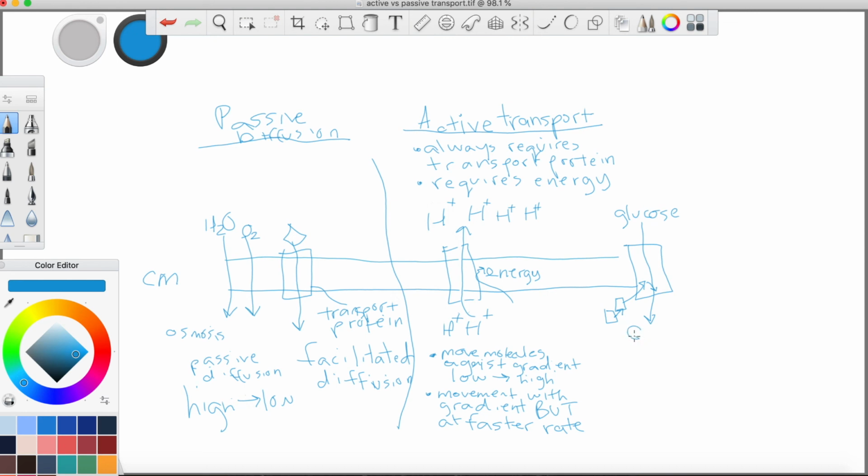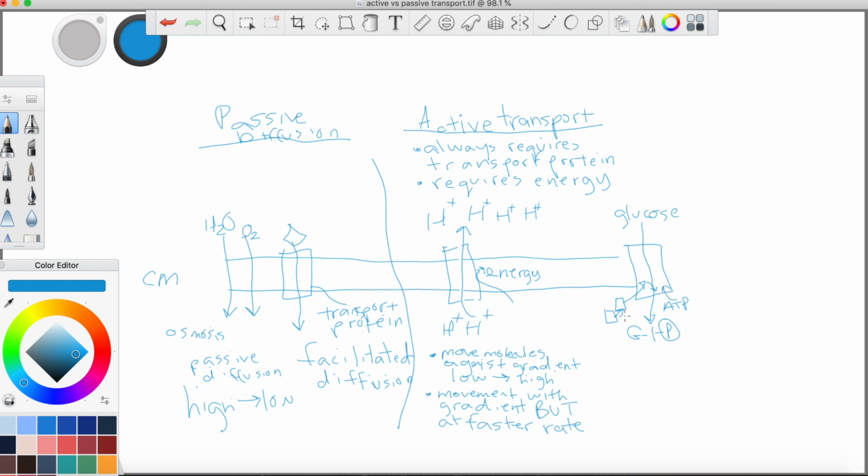In this case, since I'm doing glucose as an example, it is modified in the form of glucose 1-phosphate. So there is an input of energy in the form of ATP that must go into this reaction.